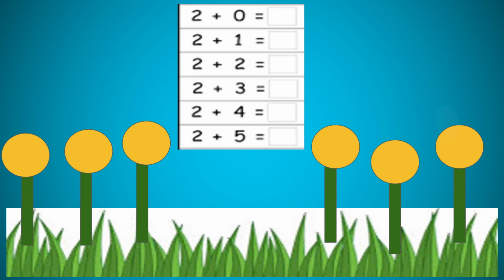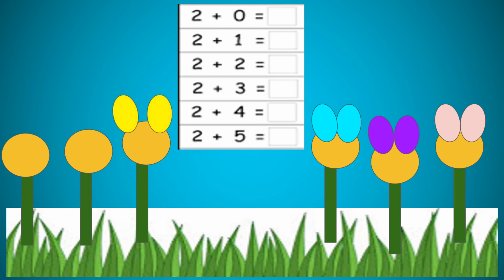So let's add 2 petals to every flower. 1, 2, 3, 4, 5, 6, 7, 8, 9, 10, 11, 12. We added 12 petals, but we put 2 on each flower.